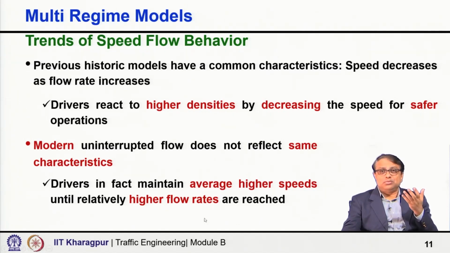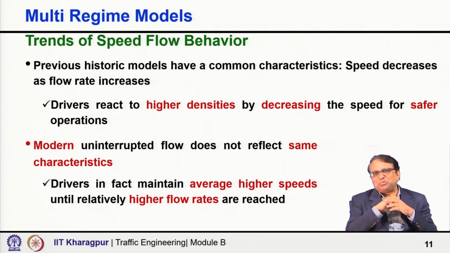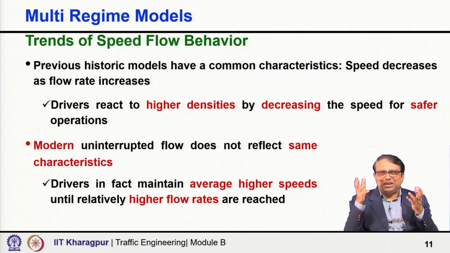There, what is observed these days is that drivers in fact maintain average higher speeds until relatively higher flow rates are reached. Immediately speed does not come down, whether it is 1 vehicle, 2 vehicle or 10 vehicle.